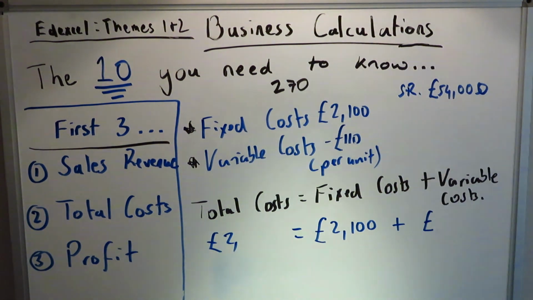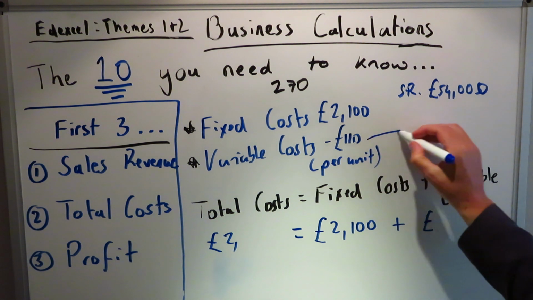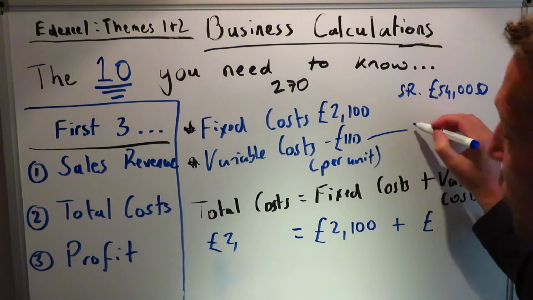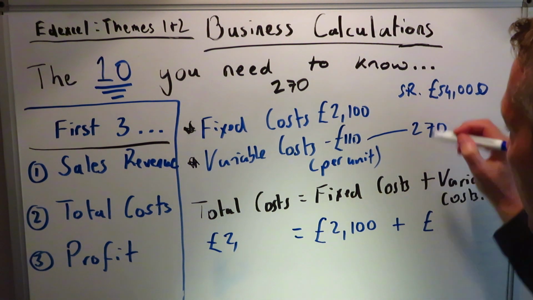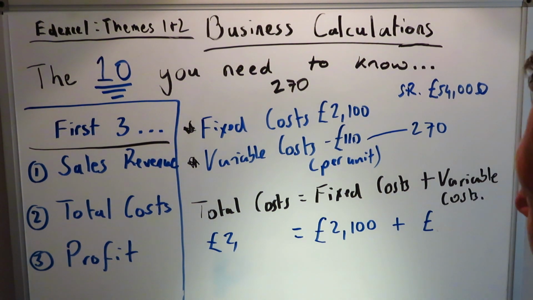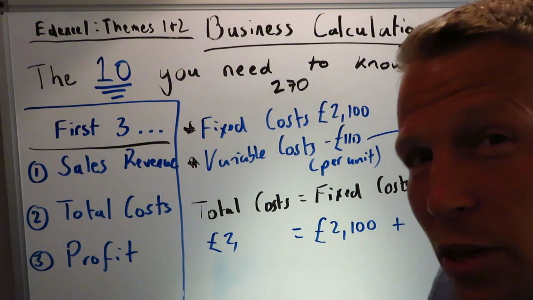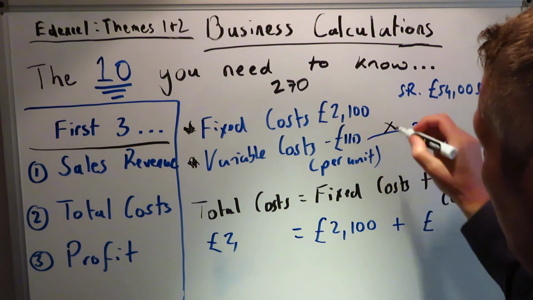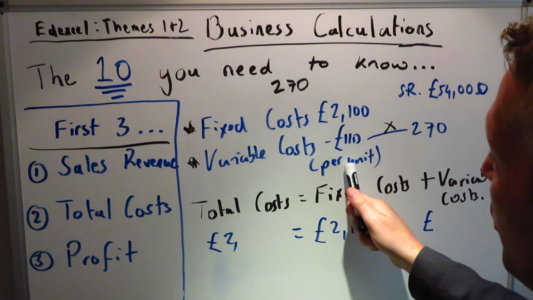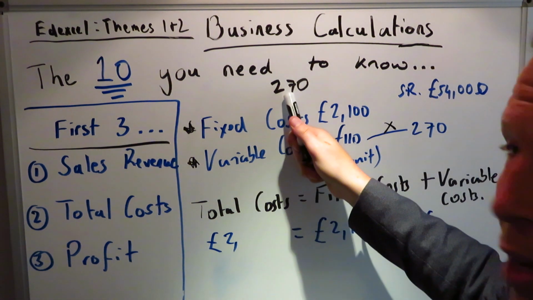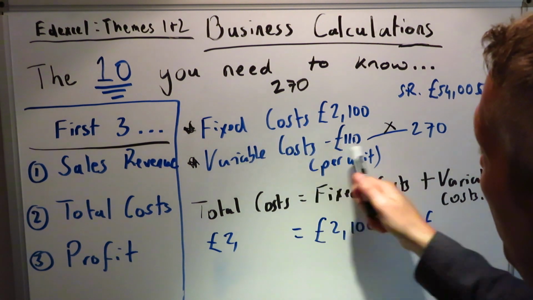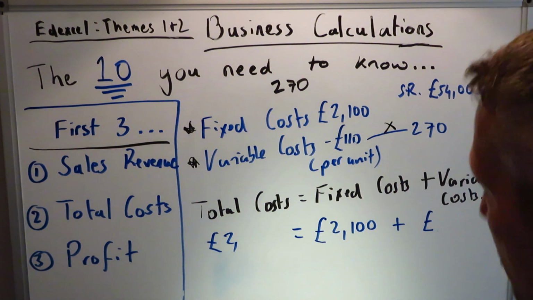You need to do a simple calculation here. You need to times that by the amount of units that you sell, which is 270. You need to multiply the cost because it's per unit. Remember, we were selling 270 that month.